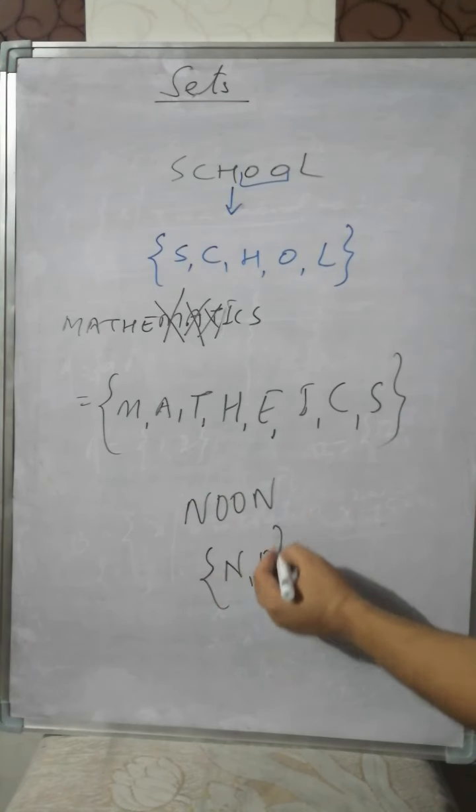So I'll take one example for this also. Order of elements in sets is immaterial or of no significance.